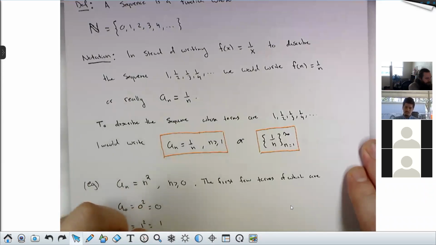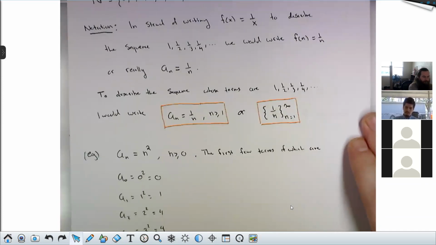A2 would be 2 squared, which is 4. A3 would be 3 squared, which is 9. A4 would be 4 squared, which is 16. A5 would be 5 squared, which is 25. And you could continue like this if you wanted.